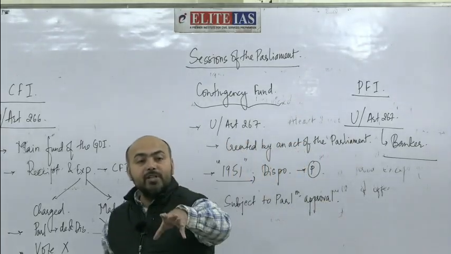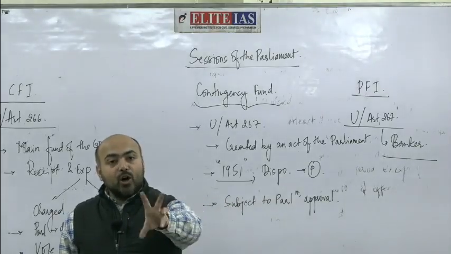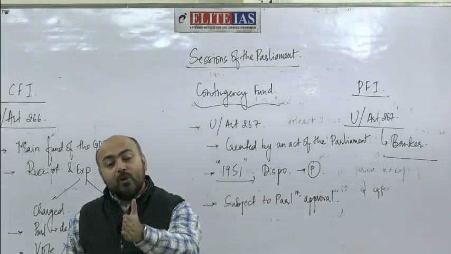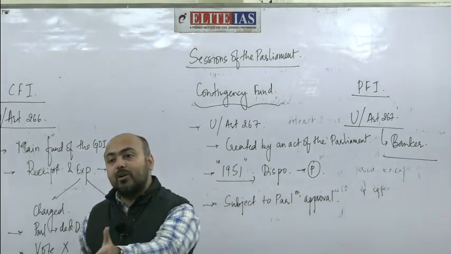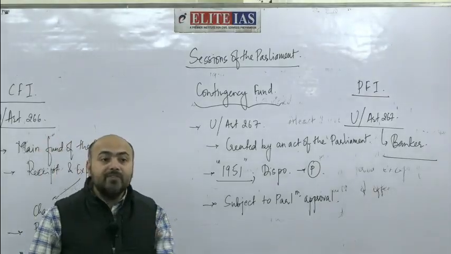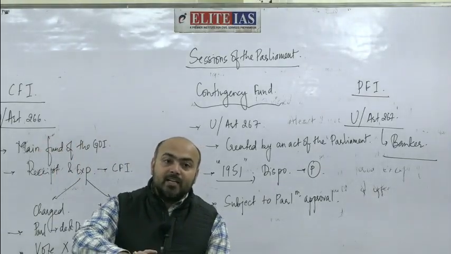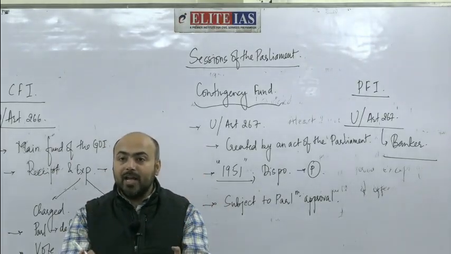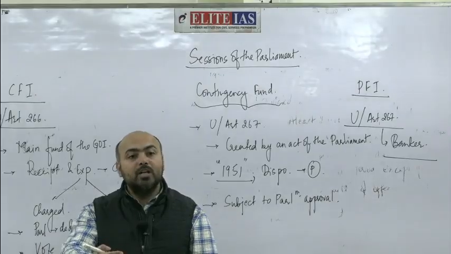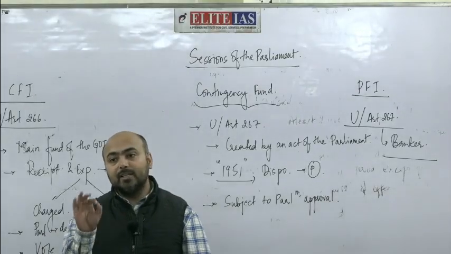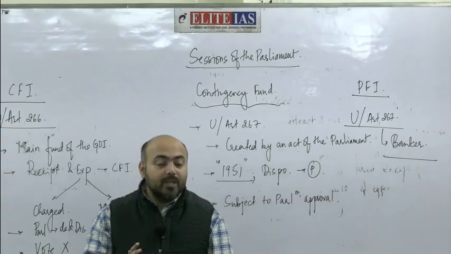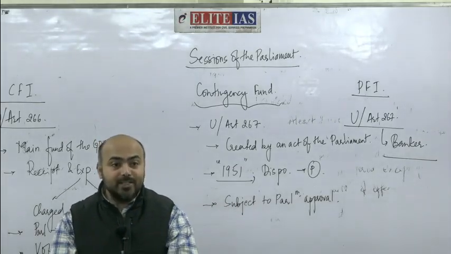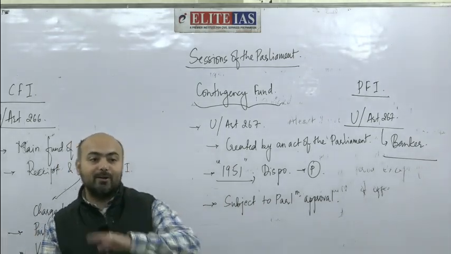If there is a constitutional deadlock, that automatically does not mean the bill will not lapse. If the deadlock has happened and the Lok Sabha dissolves, then the bill lapses. But if the constitutional deadlock has happened and the president has called for a joint sitting, in that case, the bill will not lapse. So what will happen then? Then there will be a new Lok Sabha constituted, and then there will be a joint sitting to resolve that particular deadlock.